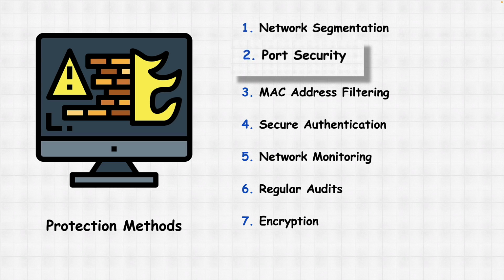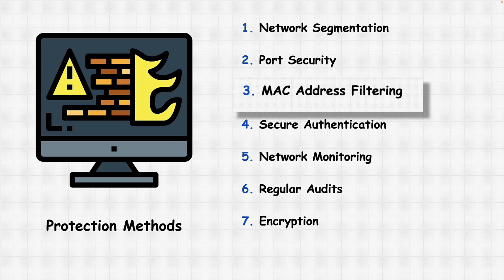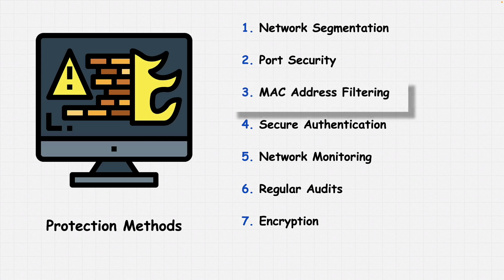We want to configure network switches to enforce port security policies, such as limiting the number of MAC addresses that can be associated with a single port, and we also want to use features like dynamic ARP inspection. Now, MAC address filtering, while not foolproof, implementing MAC address filtering on switches can add a layer of security. This should be used in conjunction with other measures, as it can be bypassed by spoofing.